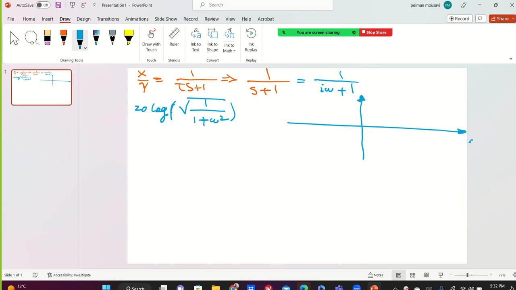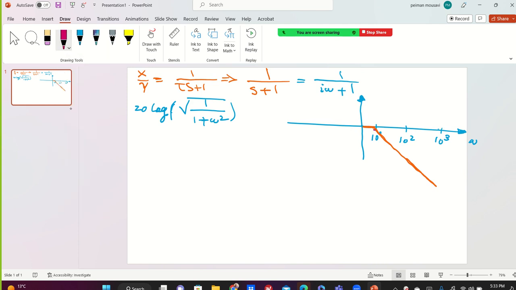That's right, so here is omega. We started from 0, so 10 to the power of 0 is 1 in the log scale, 10 to the power of 2, and 10 to the power of 3. And we saw that this is a low pass filter. It comes here with some certain frequency and goes down.